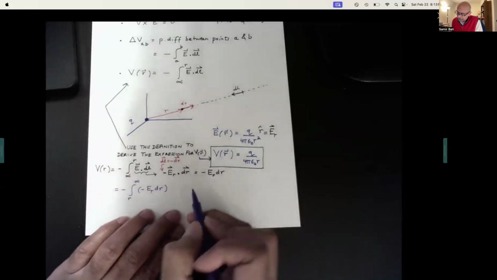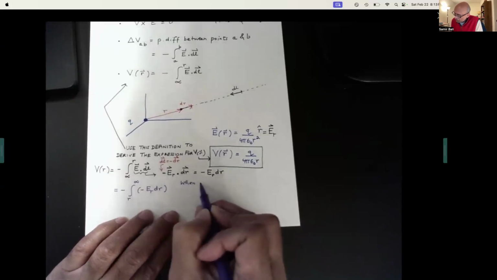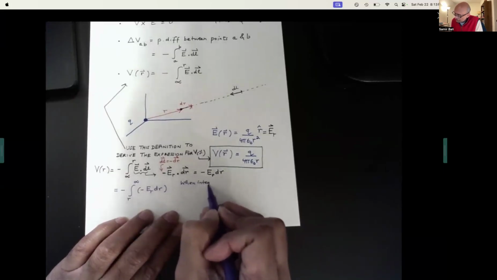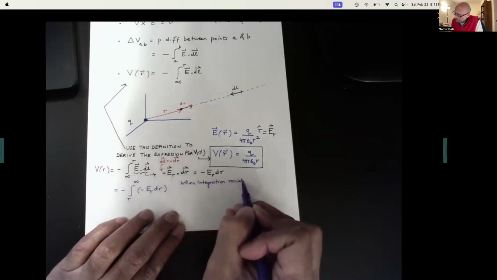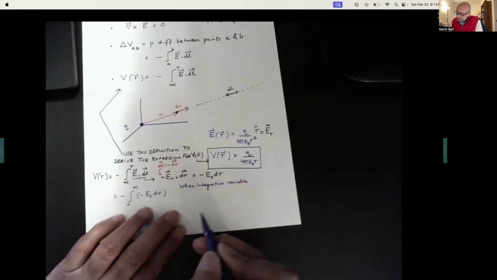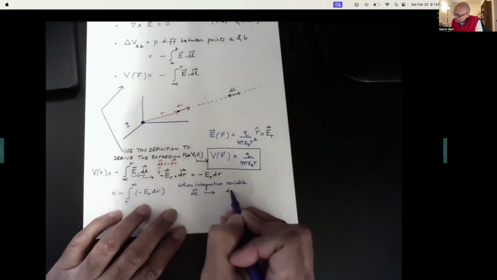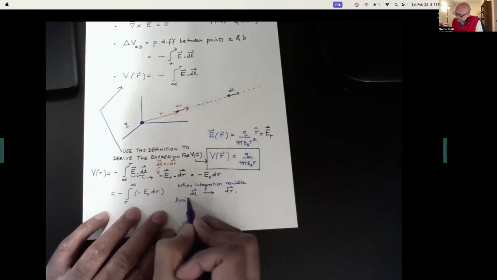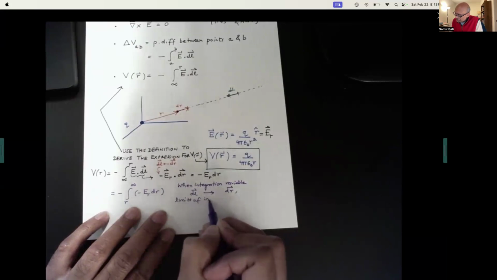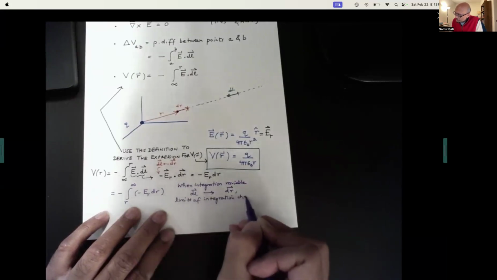So I want to say here that when the integration variable dl changes to dr, then the limits of integration change too.